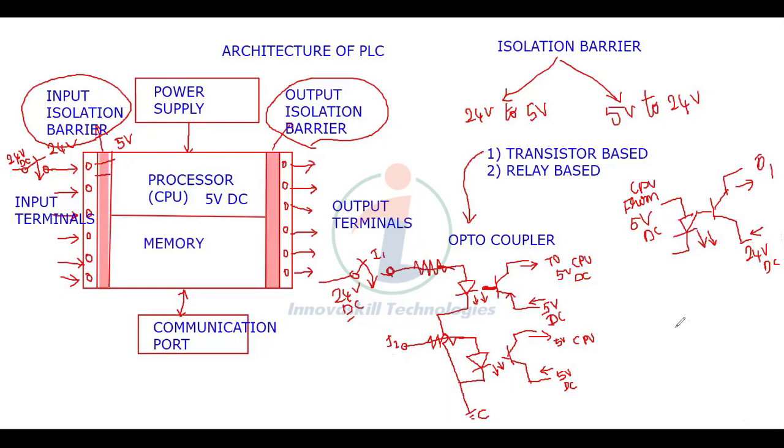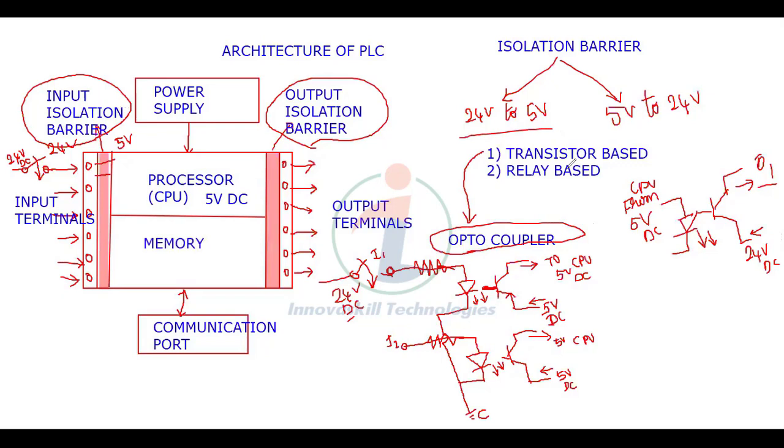Same way here, whichever output the processor has to activate, that particular terminal will be receiving that 5 volt here, and this output side isolation barrier will be doing this 5 to 24 conversion, and that will be received in the output. So this is the function of isolation barrier internally. It is converting and it is also protecting the processor from external function.